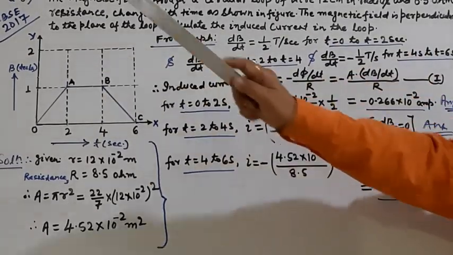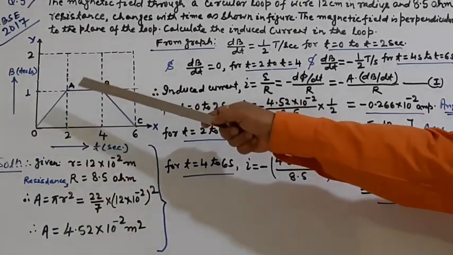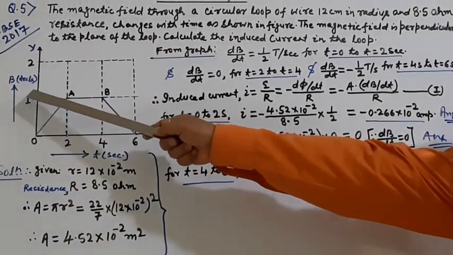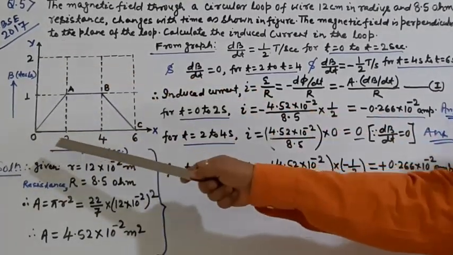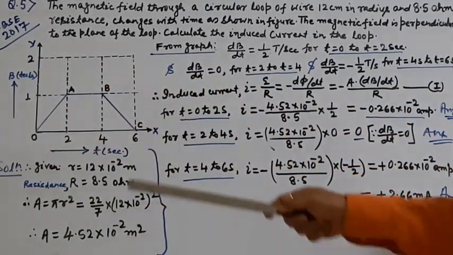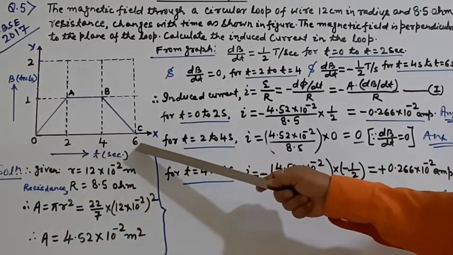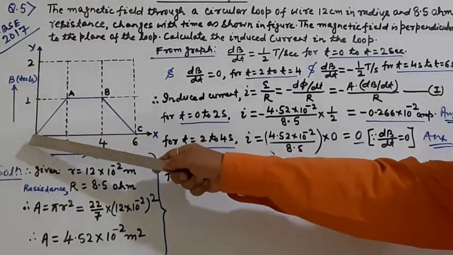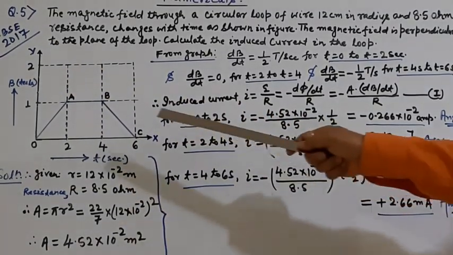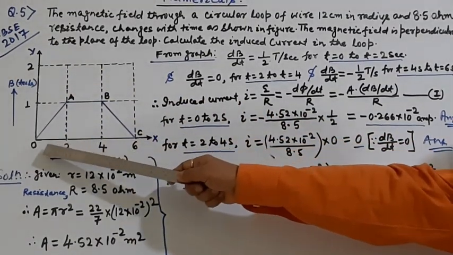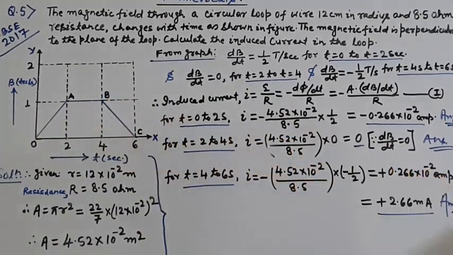Now look at this graph. This graph is drawn between magnetic field versus time. The magnetic field is taken along the y-axis and time along the x-axis. Time is taken from 0 to 6 seconds maximum and field from 0 to 2 Tesla maximum. This graph has 3 portions: OA, AB and BC.